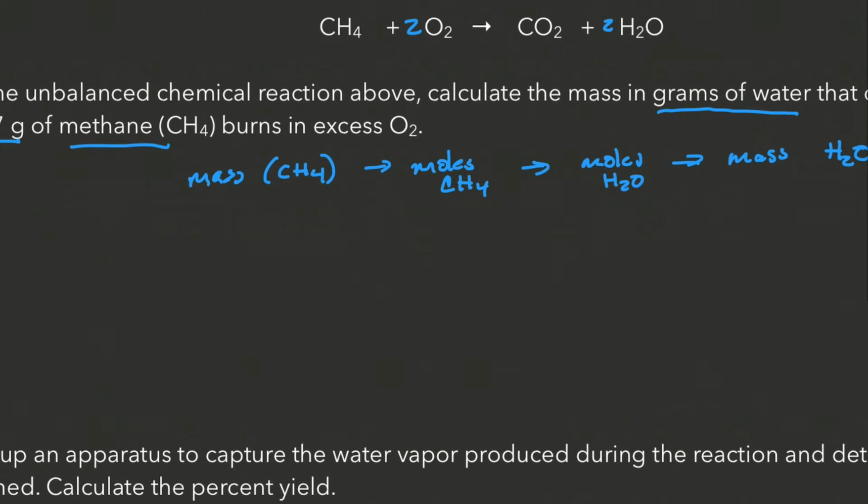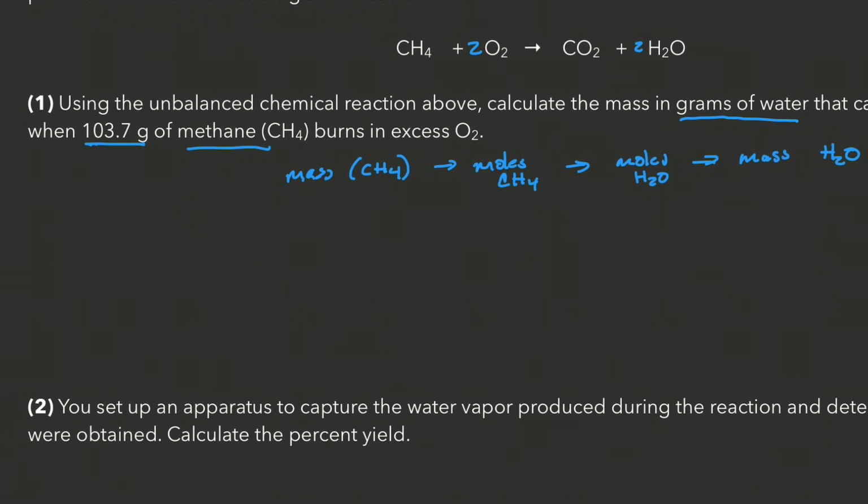So the mass of methane, well, that is 103.7 from the problem. And I'm going to solve this using train tracks here, just because, of course, you can solve it whichever way you choose. I just think it's easier to follow along as I work through the problem. So grams of methane.